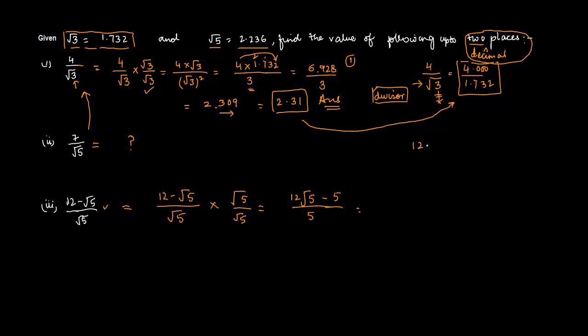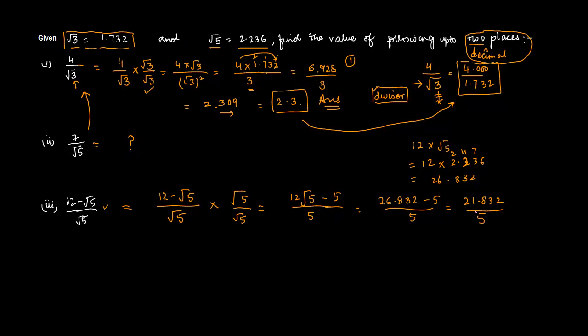Now what's the value of 12 root 5? 12 into root 5, and we know root 5 is 2.236. So when you multiply this with this, you will get 26.832. So 26.832 minus 5 divided by 5, or 21.832 divided by 5.